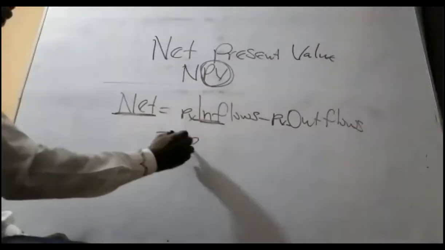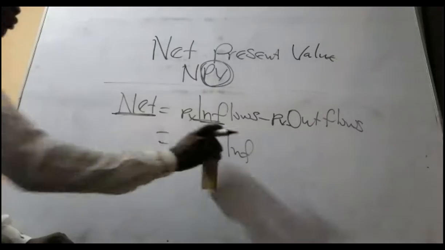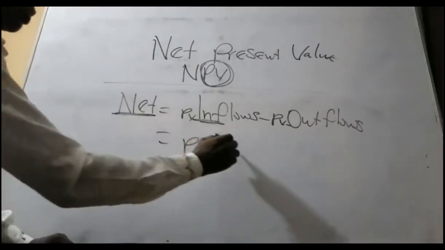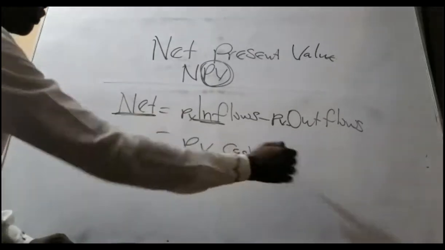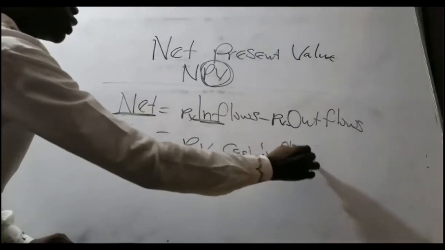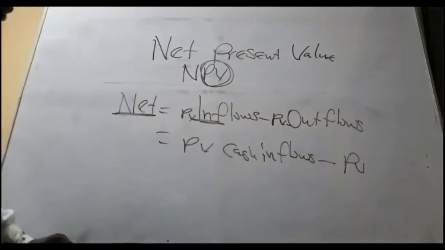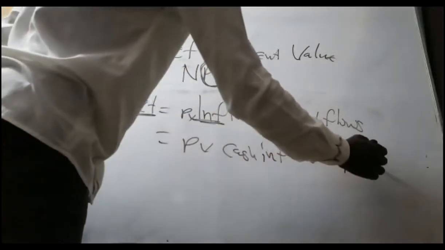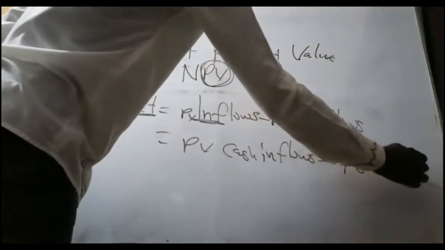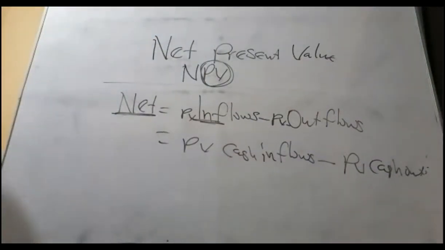It is equal to PV of cash inflows minus PV of cash outflows. That is the NPV, net present value.